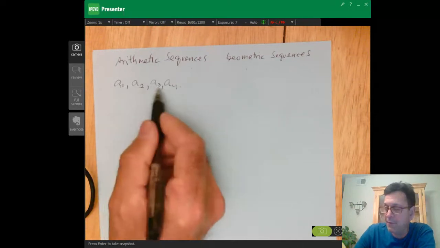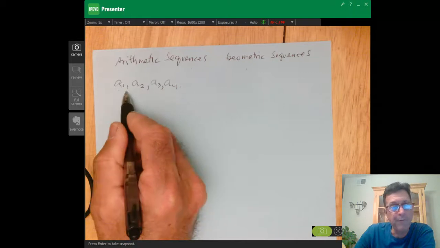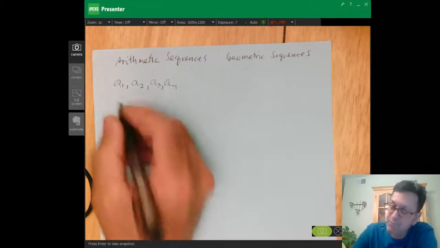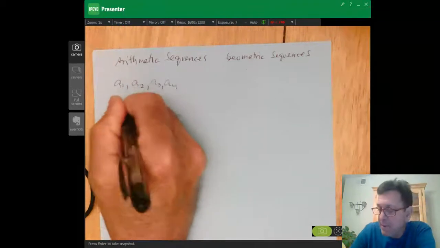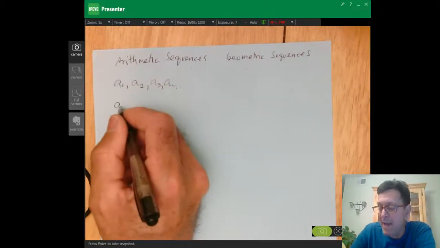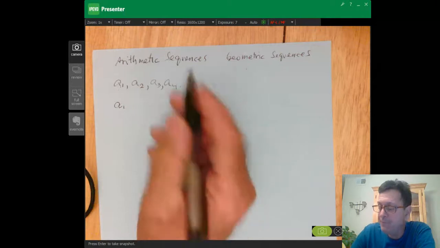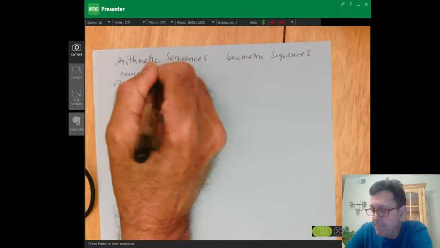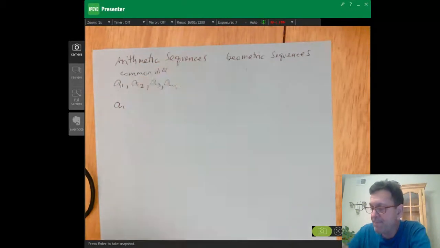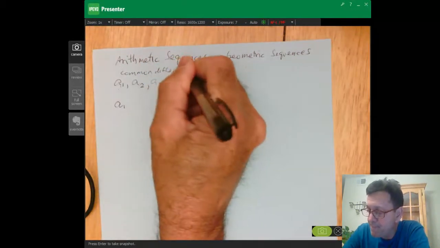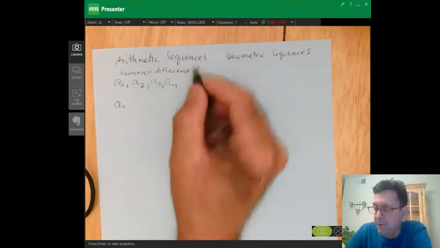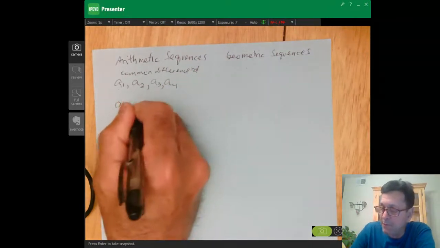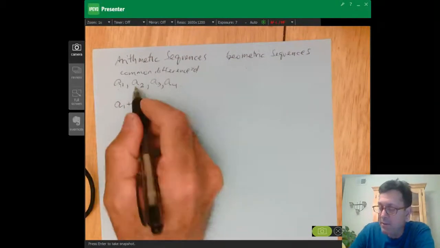Your second term, so these numbers down below, these are subscripts, and they identify which term you're talking about. Now, the way you find each term is by adding the common difference. Common difference is called D. We're going to call that D. So if we take A1 plus D, we're going to get the next term.